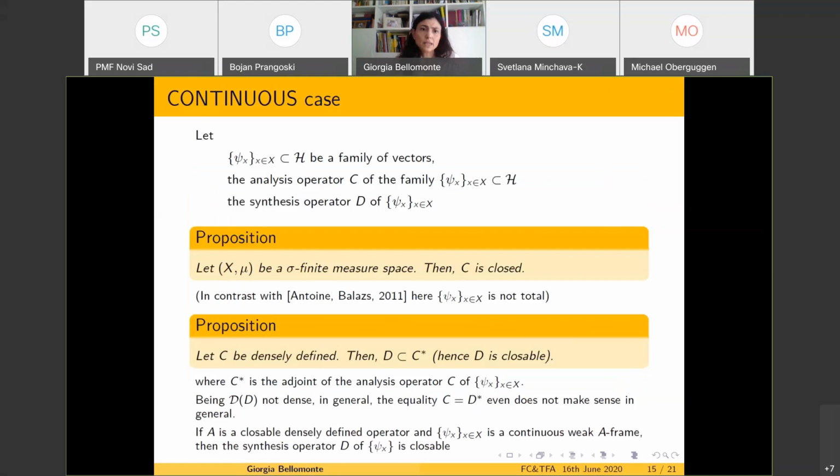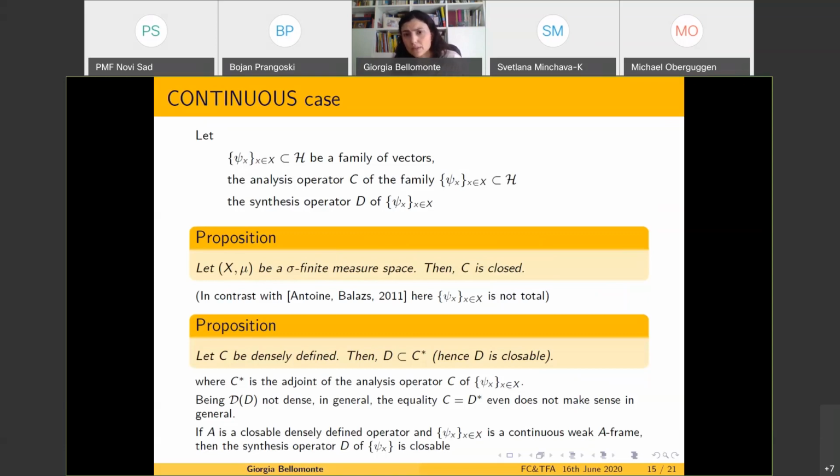In fact, if X is a sigma-finite measure space, then C is closed, and I proved it. It is a similar result to a result of Antoine and Balazs in 2011.